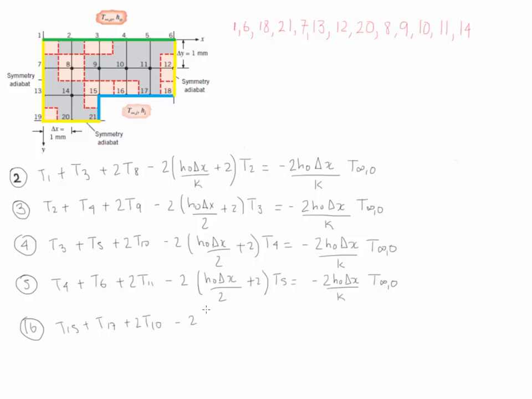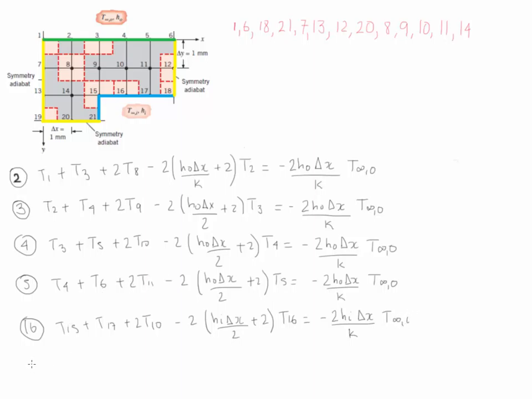The structure remains the same. Once again, the difference is HI. This is T16, 2HI, so that's the convection that is exposed to, and T infinity I.